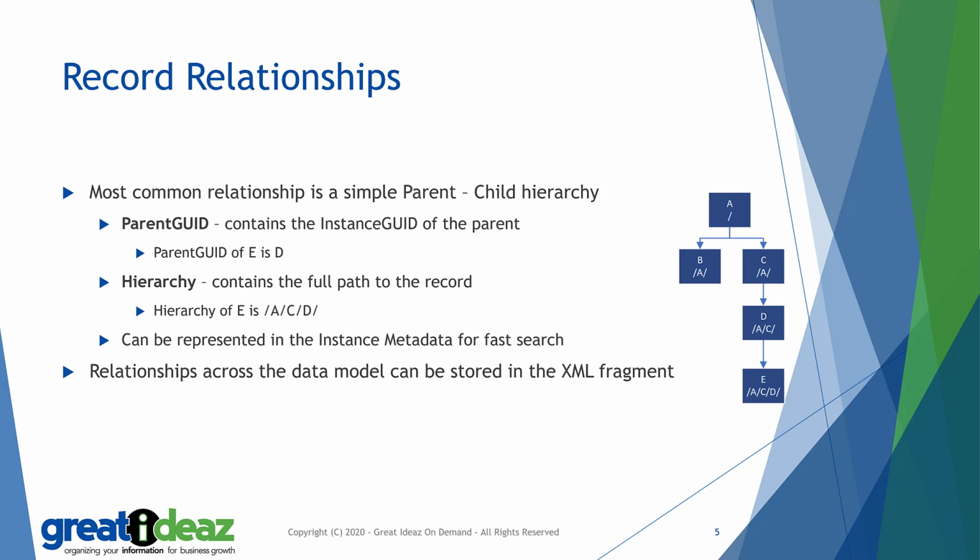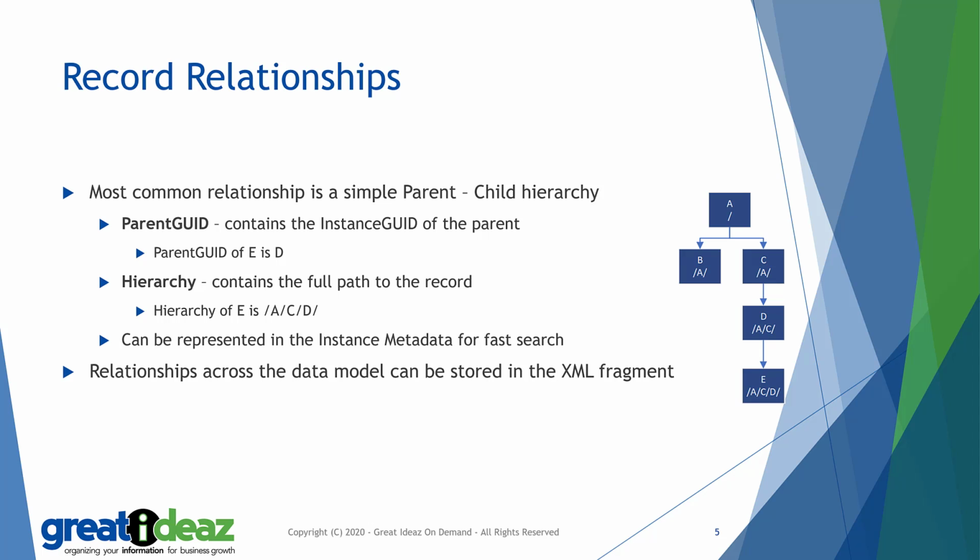dependencies get stored? Whilst it makes sense to store the parent-child hierarchy information within the instance metadata, it is not possible to store a relationship between 2 records within the instance metadata. So how does that get represented?